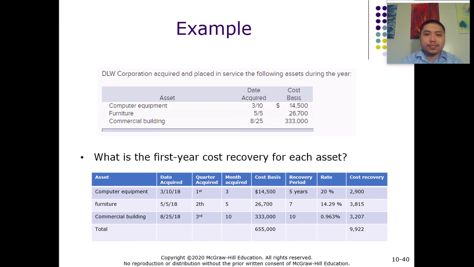It's just a matter of practicing. If you practice long enough, you should be able to calculate this. And in the exam, if I ask questions like this, I will provide you with all of the MACRS tables. All you need to do is figure out the right convention and the right type of property, then find the correct rate, and just use the rate to calculate the depreciation expense.